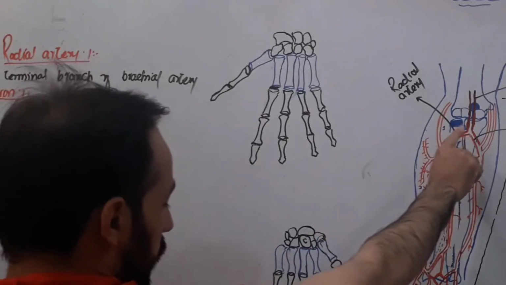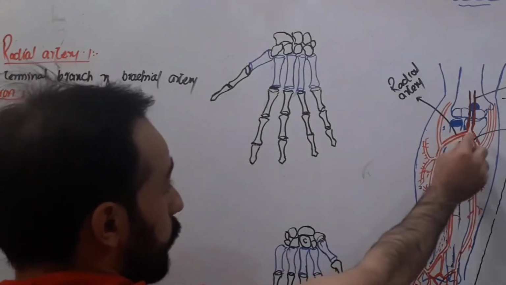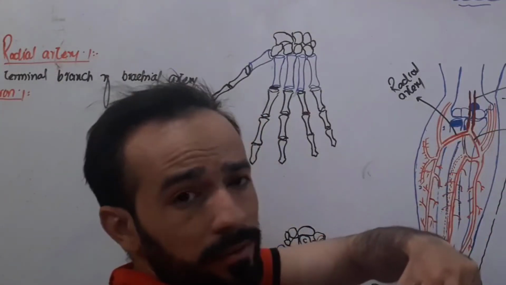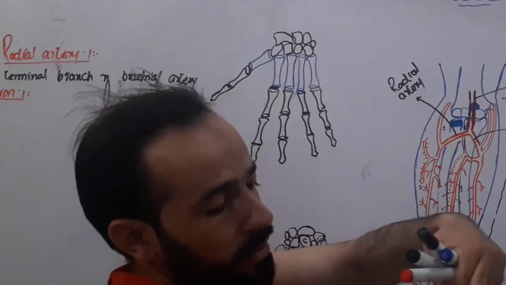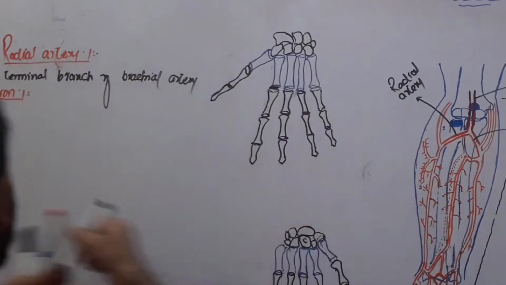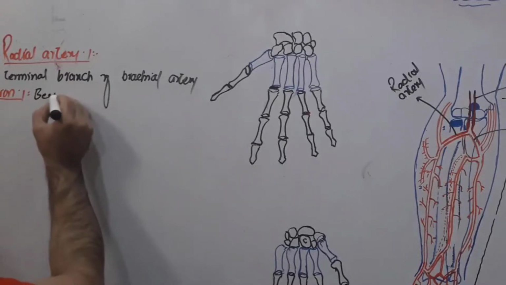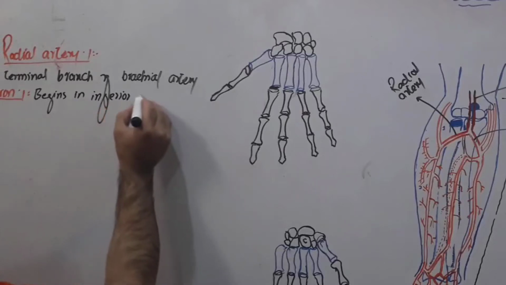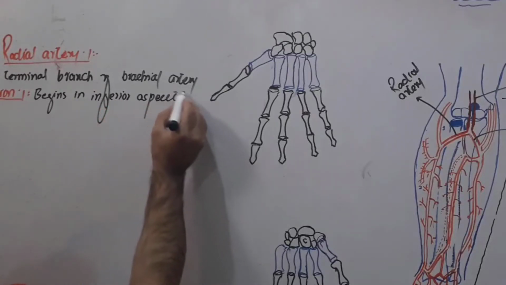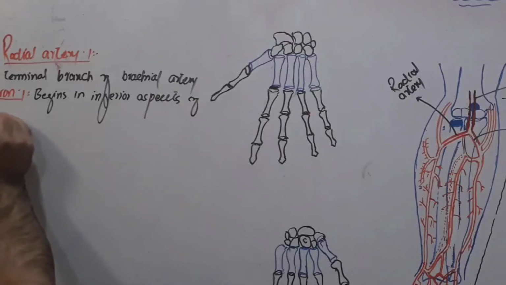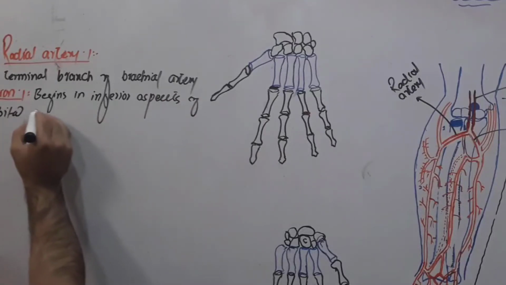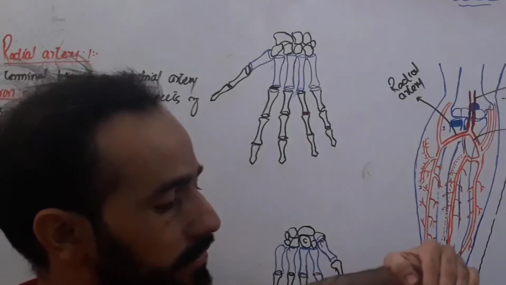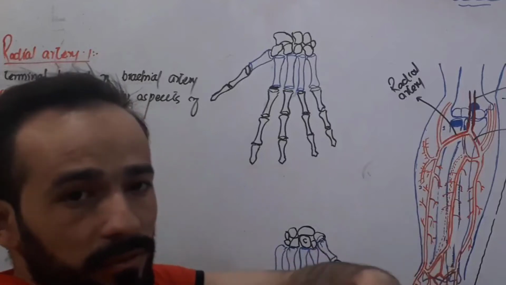It begins in the inferior aspect of the cubital fossa. Here is the fossa, which is called the cubital fossa, right? Let me write here: begins in the inferior aspect of the cubital fossa, right, and runs down in the anterior compartment of the forearm.